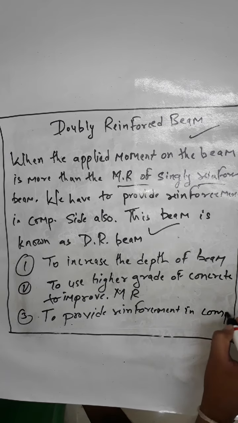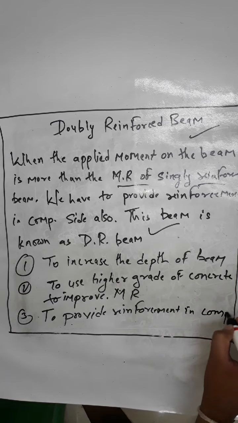Right now we studied the three options and we chose to provide reinforcement in the compression side. Now we have the following situations where a doubly reinforced beam is necessary.